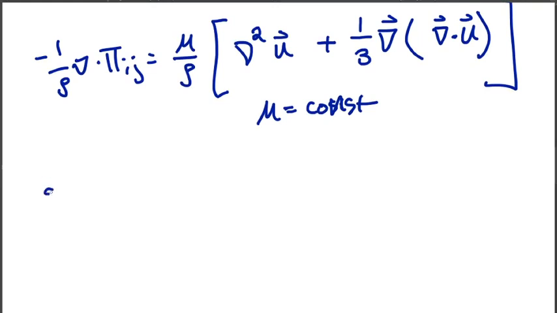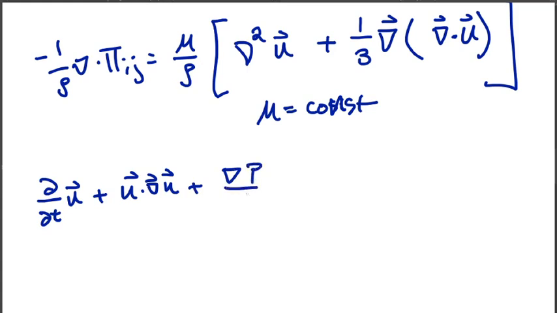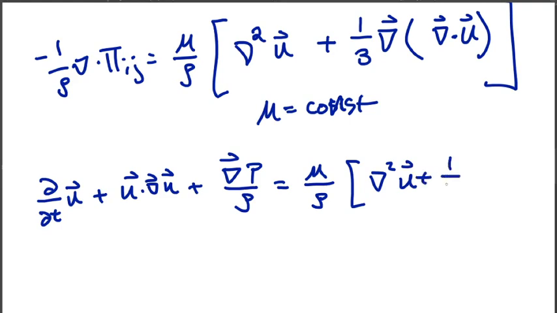So writing our momentum equation, d by dt of u plus u dot grad u plus, here we're just considering the pressure forces. We're neglecting body forces for now, but they can easily be added on without modifying the viscous part of this equation. Mu over rho times the quantity Laplacian of u plus 1/3 grad on the divergence of u.